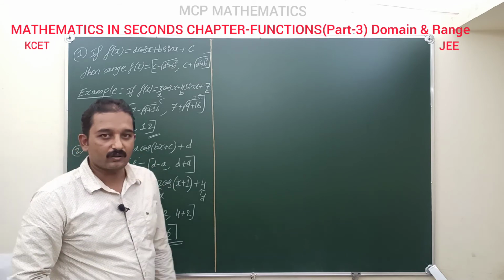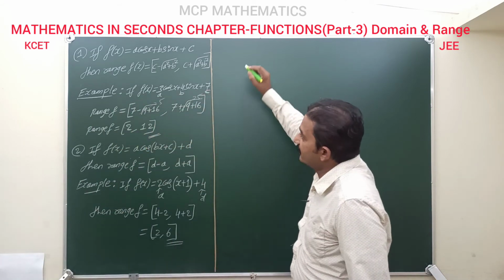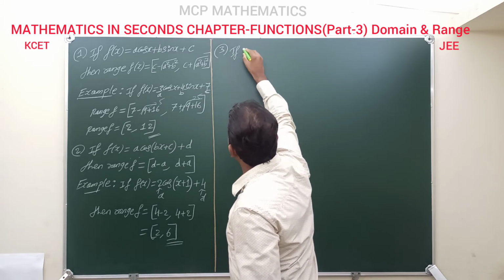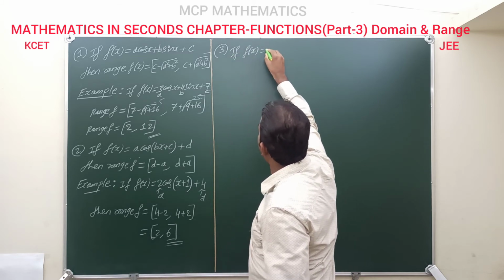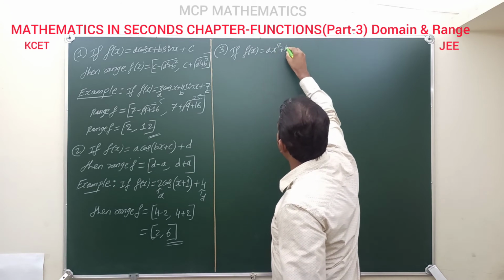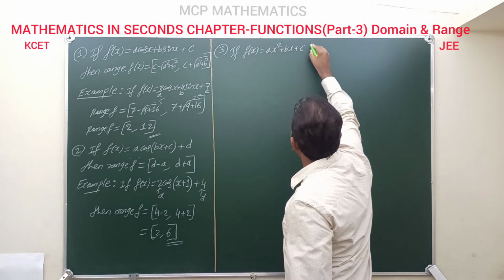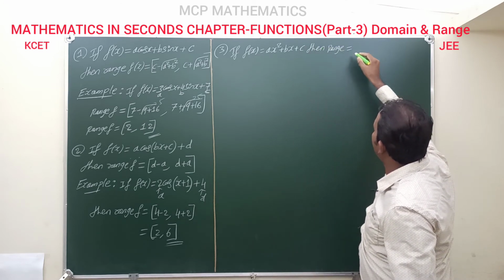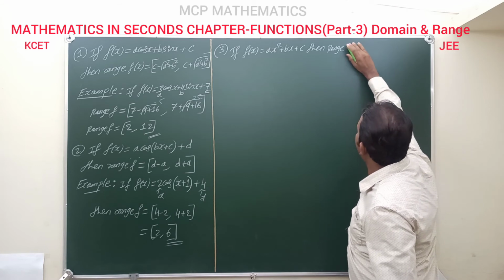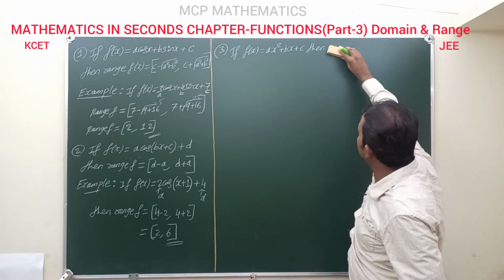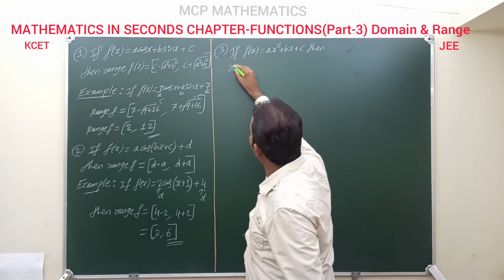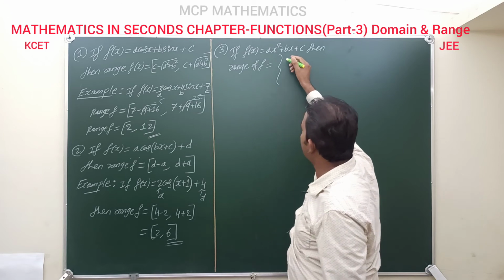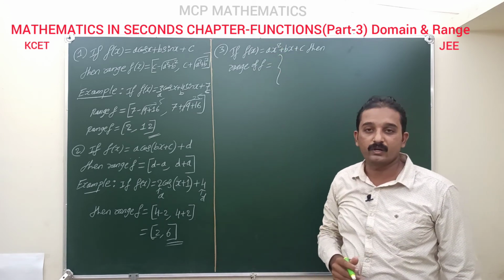Now let us move on to the quadratic equation. What is the range of a quadratic equation? If f of x is equal to ax square plus bx plus c, then the range of f depends on the value of a, the x square coefficient.